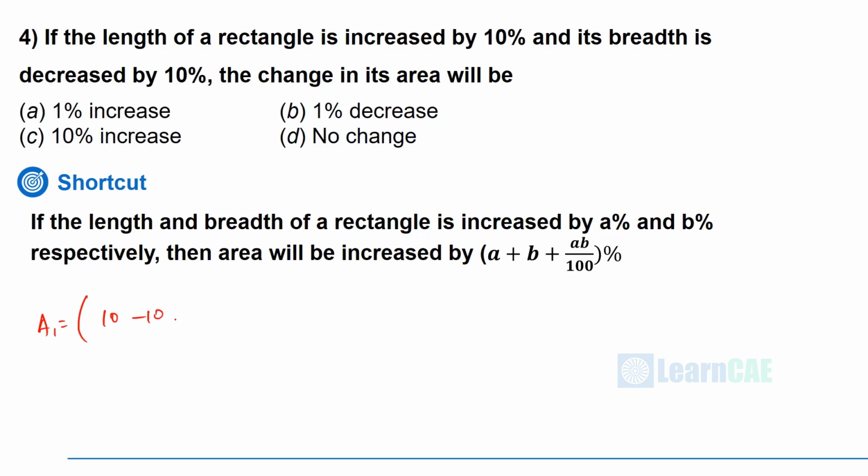So we have 10 plus minus 10 plus AB, that is 10 into minus 10 by 100. These two will cancel out, and then this is minus 100 by 100, which is equal to minus 1%. So the answer will be a 1% decrease. This is another shortcut, but you have to remember this formula to solve problems quickly.